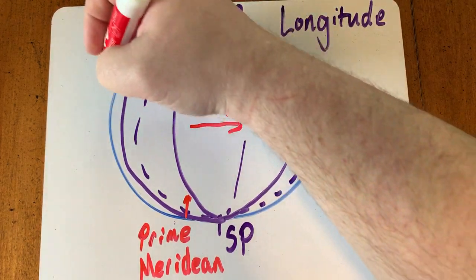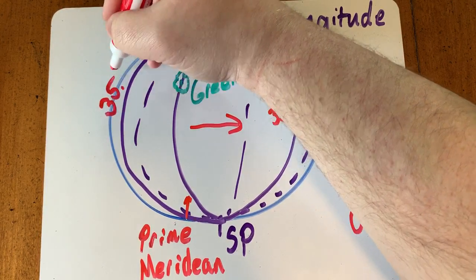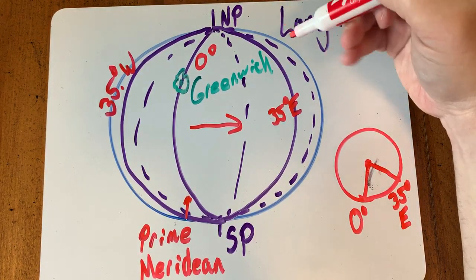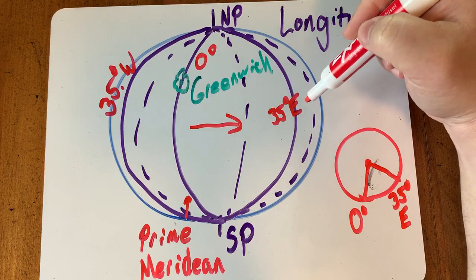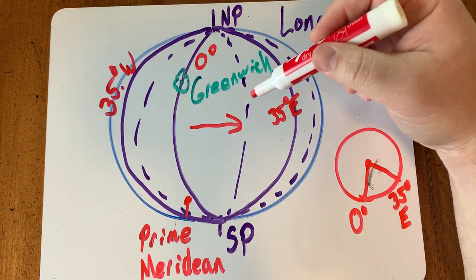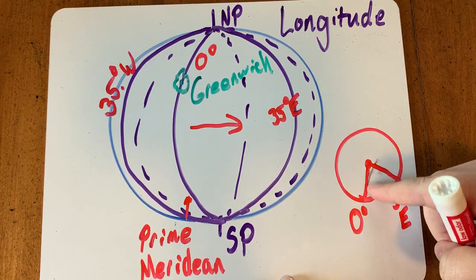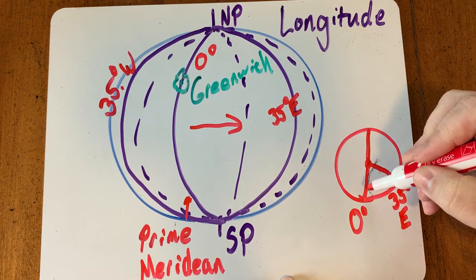If you went the other way, say that's 35 degrees west. So going east on the sphere is the eastern hemisphere. Going west on the sphere is the western hemisphere. But it doesn't go all the way around, because it has to stop opposite here.